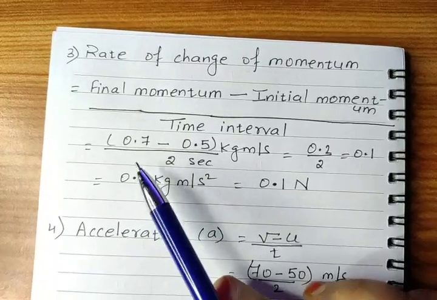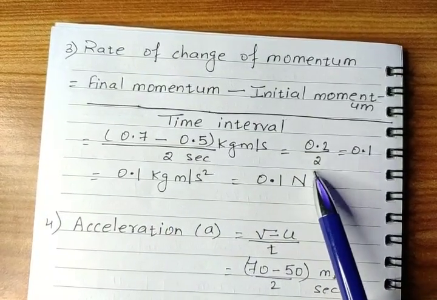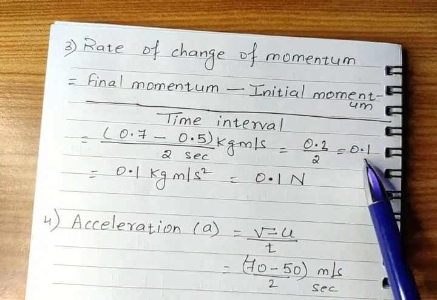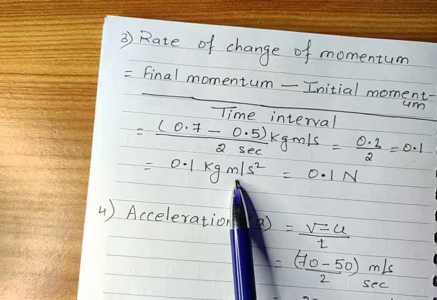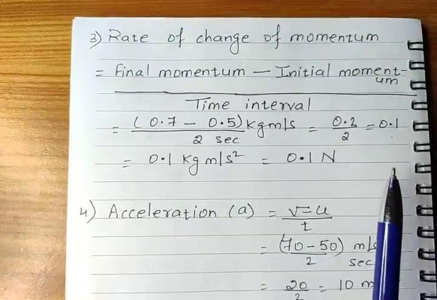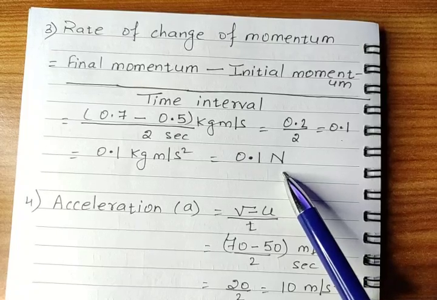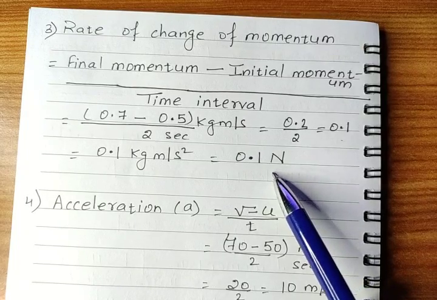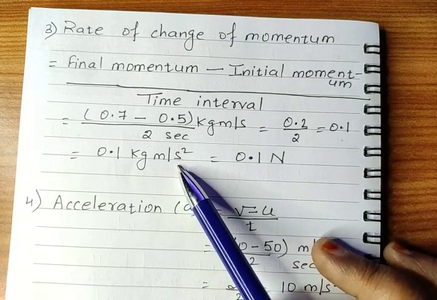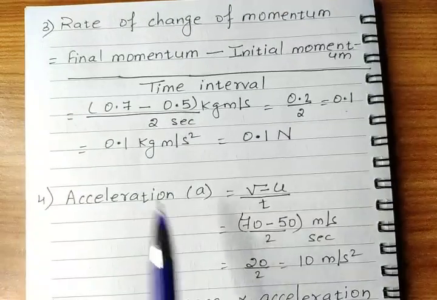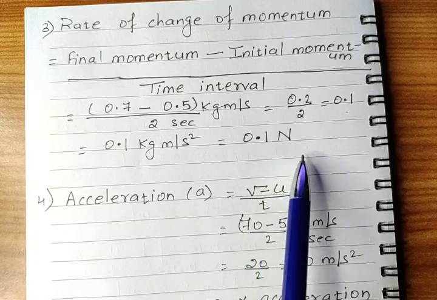So 0.7 minus 0.5, that is 0.2 by 2. 0.2 by 2 is 0.1. So 0.1 kilogram meter per second square, that is 1 Newton. Children, once again, 1 Newton, its unit is equal to 1 kilogram meter per second square. So 0.1 kilogram meter per second square or 0.1 Newton.